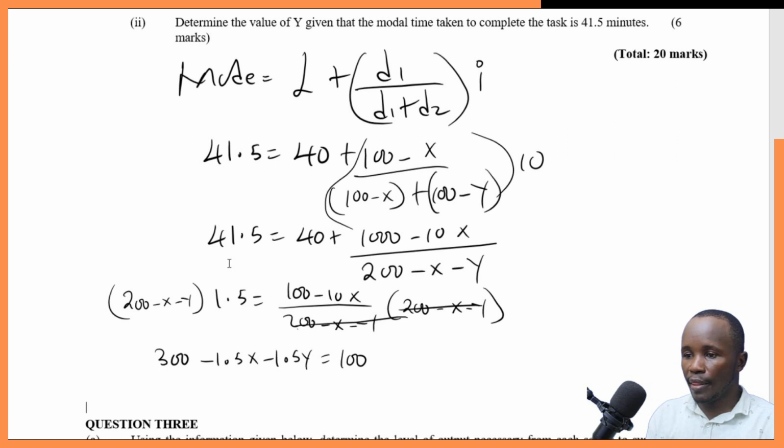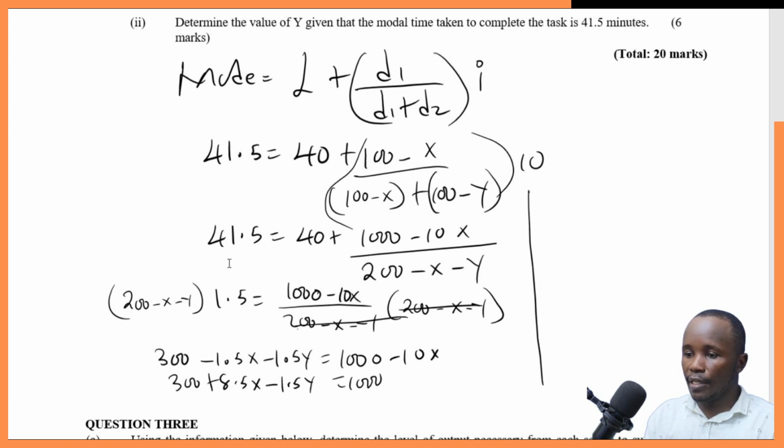In fact, this should be 1000. When you open the bracket here, it should give you 1000 minus 10x. Add the like terms, bring 10x on this side, it means 300 plus 8.5x minus 1.5y is 1000. Adding the like terms, it means 8.5x minus 1.5y is equal to 1000.